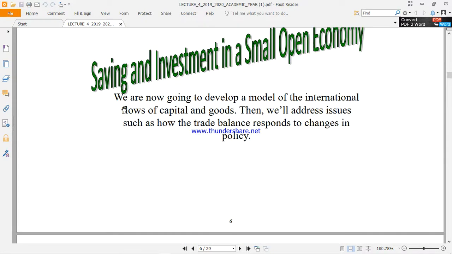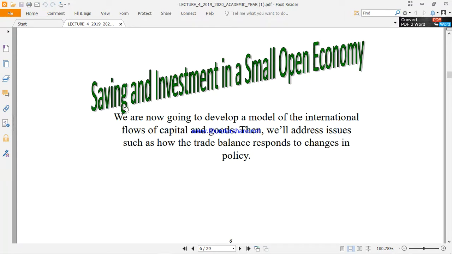Now, let's try to understand the savings and investment in our small open economy. When we say a small open economy, we mean an economy that is not big enough to induce changes in the global financial market. Let me repeat myself.